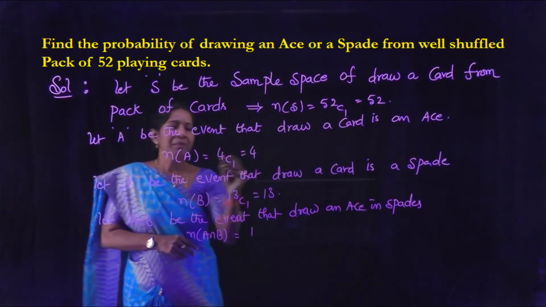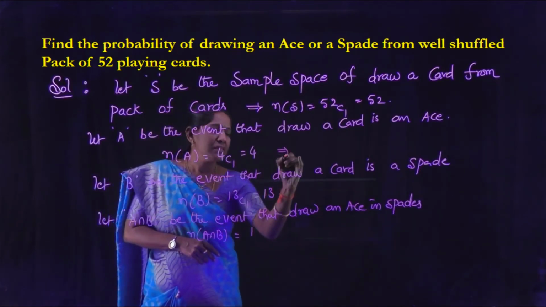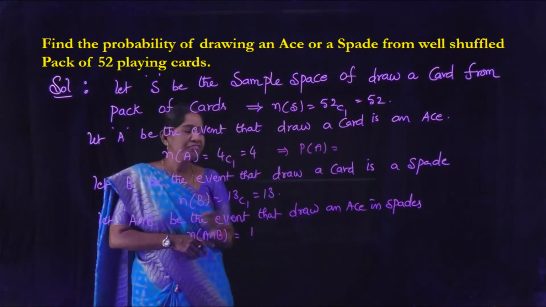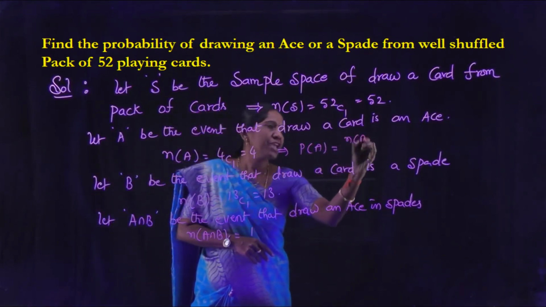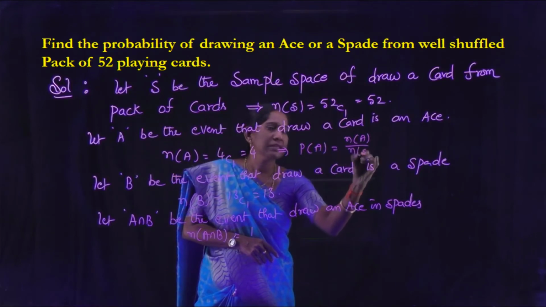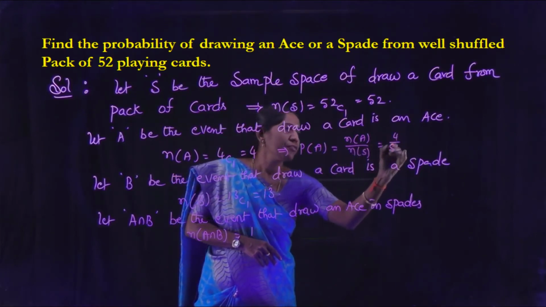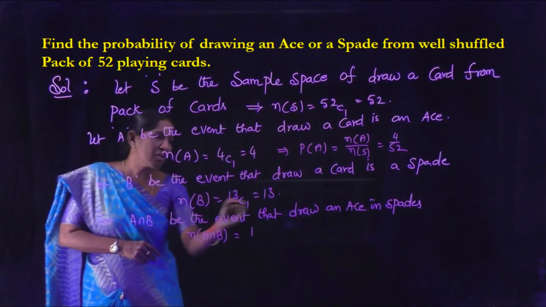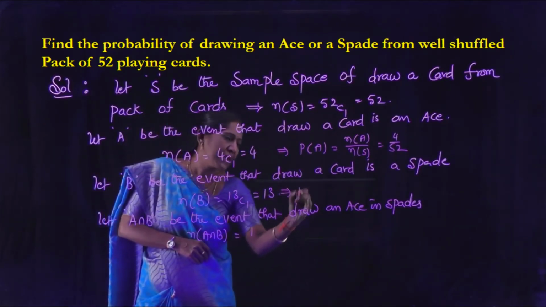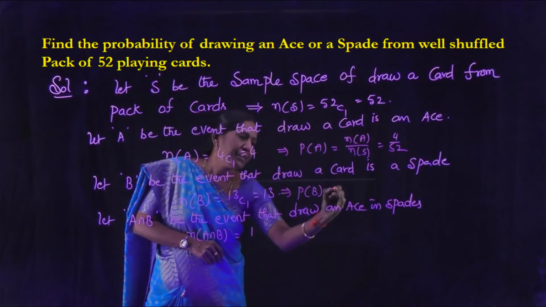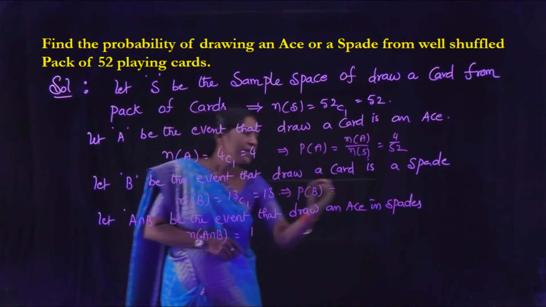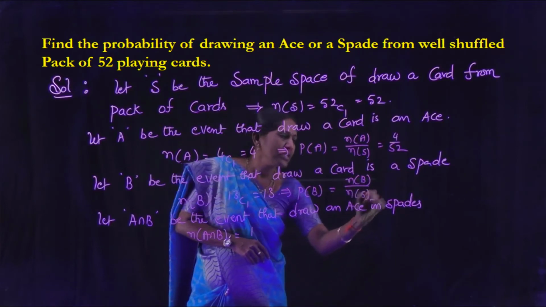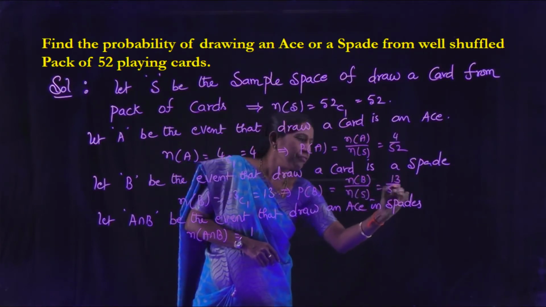And from this N of A, we can write P of A. P of A is N of A by N of S. Then this value is 4 by 52. And from N of B we can write P of B. P of B is N of B by N of S. That value is 13 by 52.